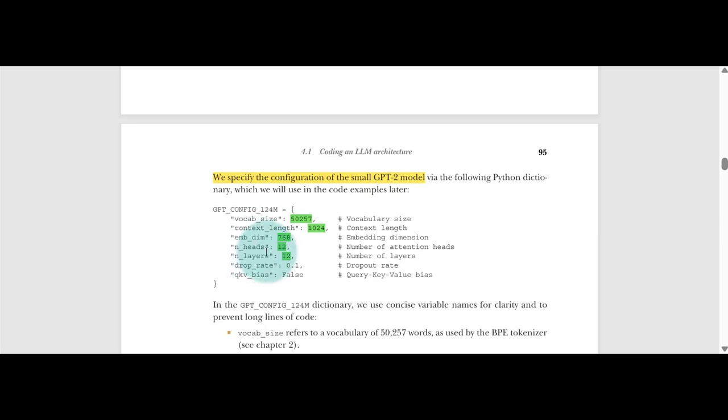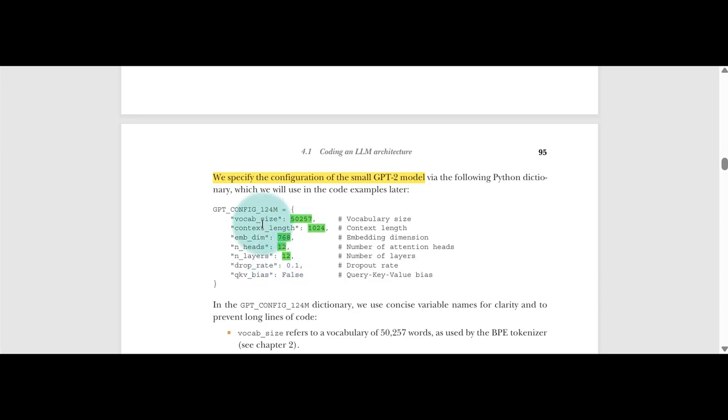Now, I don't think there's a reason why these two numbers have to match, or, I mean, it might be that experimentally it worked better, but it just seems unlikely to me. But you can look it up and see if there's any reason why these should match. But anyway, we have those numbers, and we'll have the dropout rate, and whether we're going to use bias in our layers or not.